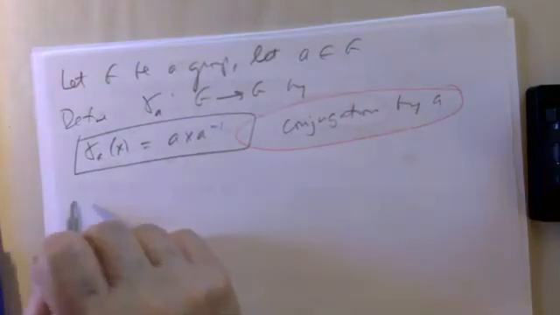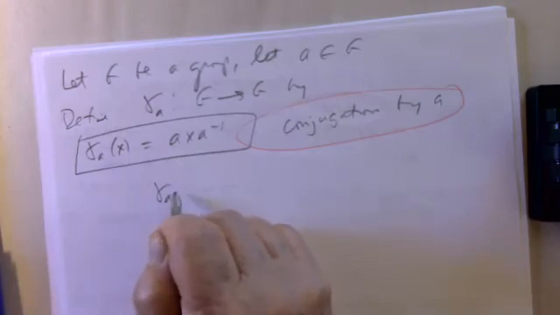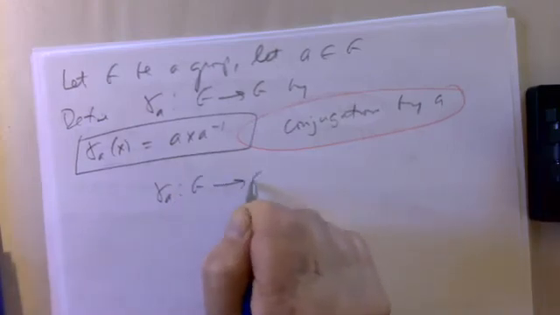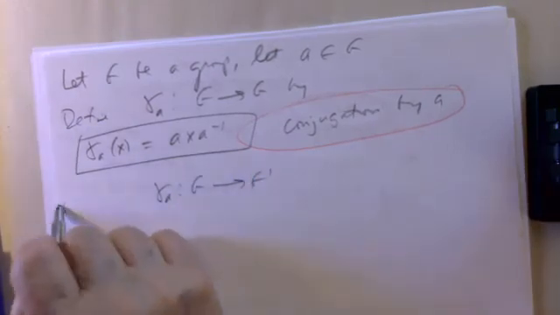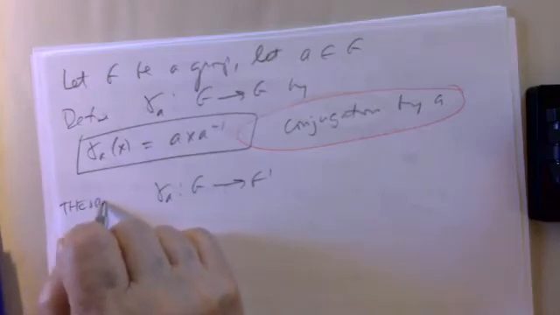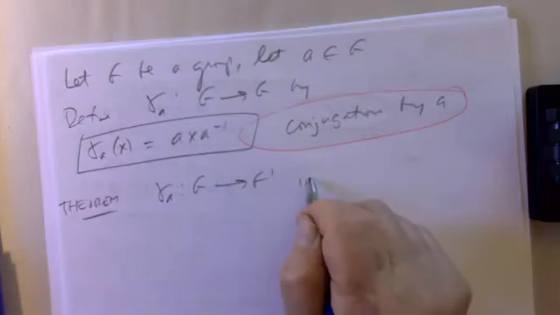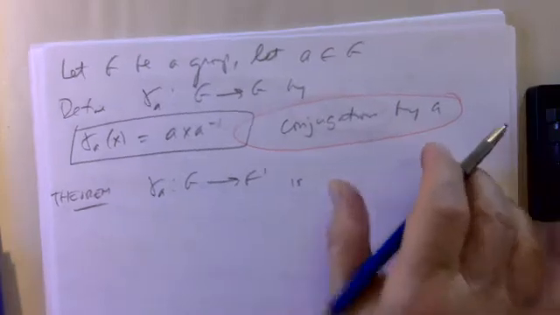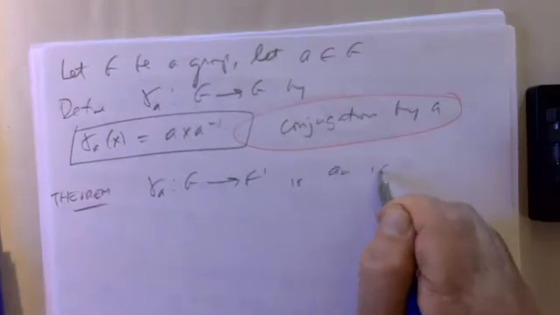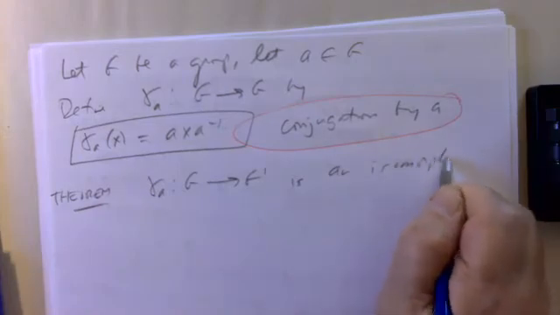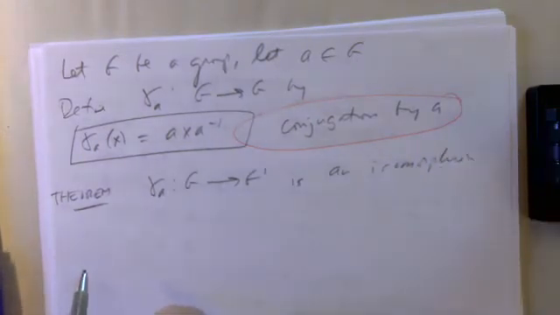And gamma sub a is a function from G to G. I'll make this a little theorem. This function is a homomorphism, but it's not only a homomorphism, this is always an isomorphism from the group to itself.